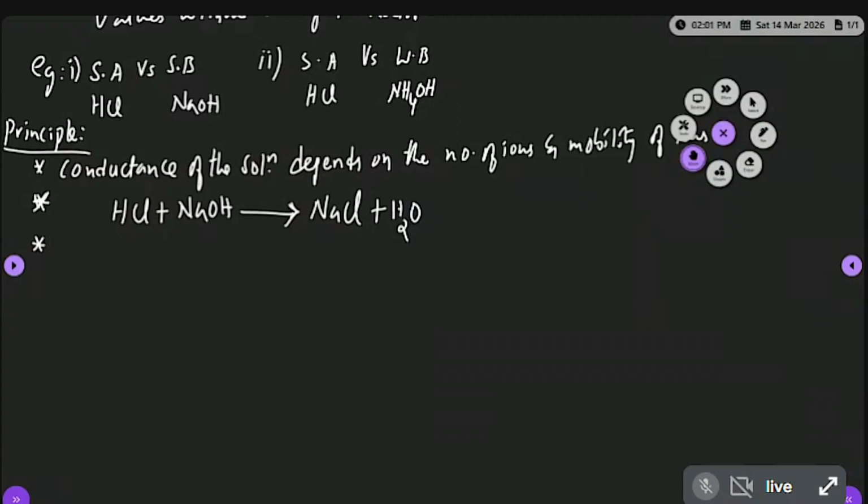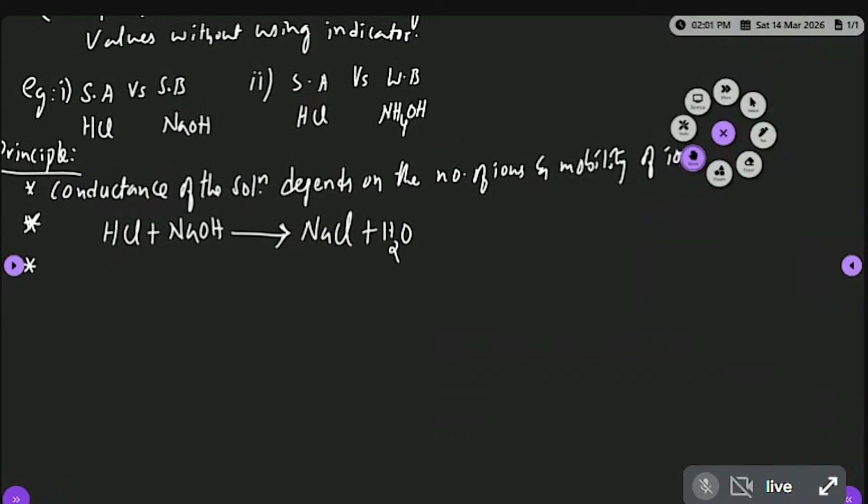During titration, we have to add NaOH solution to HCl. Due to H plus ions, HCl has high conductivity.